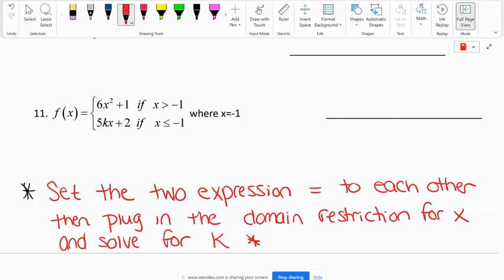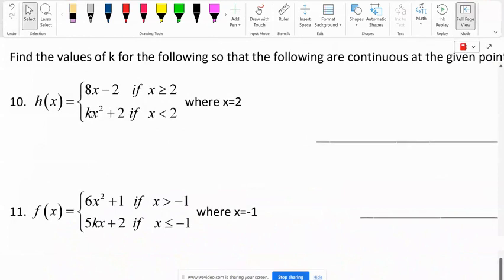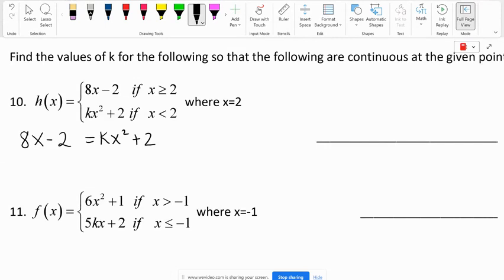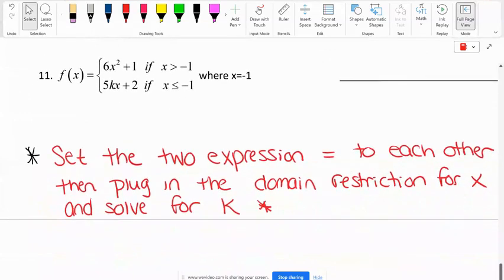Okay, are we ready? So what we want to do is take the two expressions and set them equal to each other. So I'm going to take 8x minus 2, and what am I setting it equal to? Yep, kx squared plus 2. Then what did I say? I said take the two expressions, set them equal to each other, then plug in the domain restriction for x.